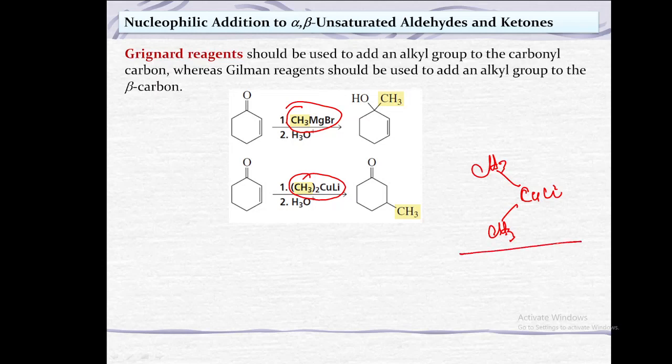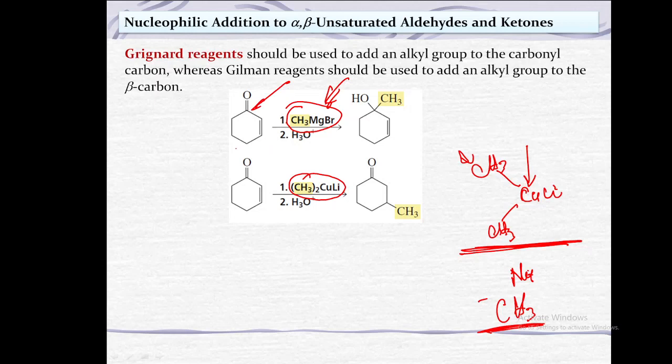So this one here is a bigger nucleophile. Please note that what it is actually donating is a CH3 negative, because a carbon connected to a metal is like a carbanion. And magnesium is therefore a smaller reagent that is able to access the carbonyl carbon.